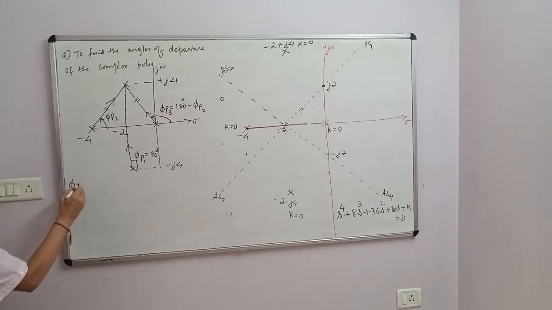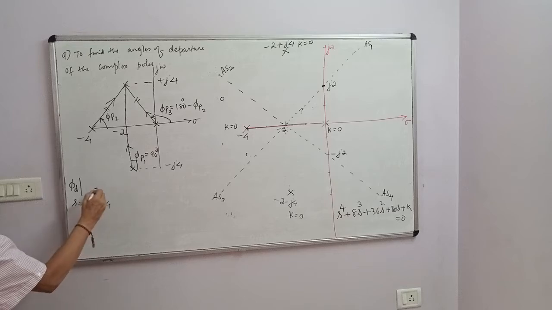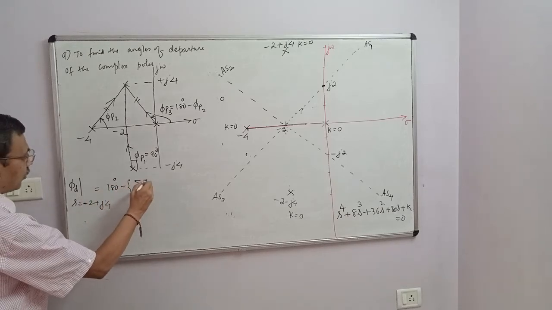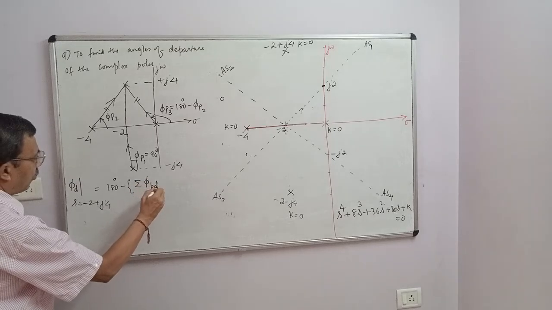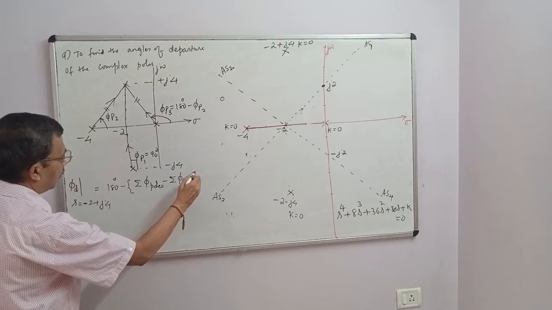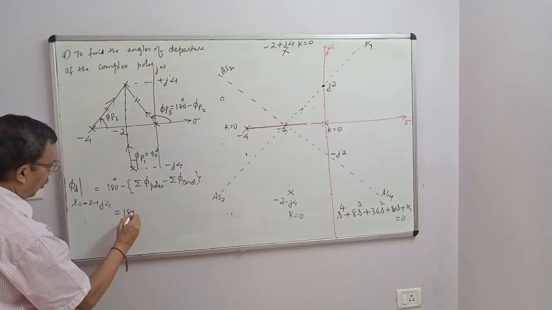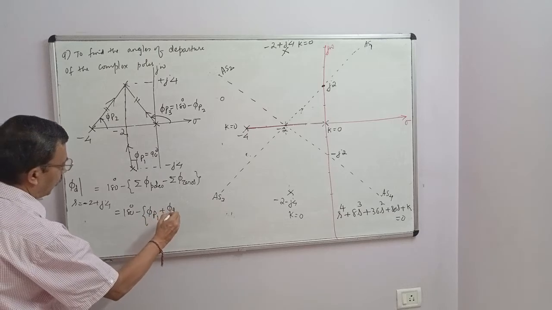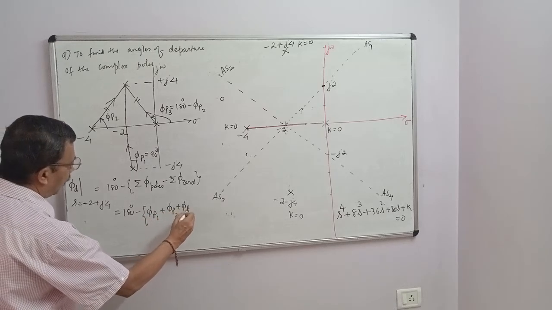Angle of departure of the pole at s is equal to minus 2 plus j4 is equal to 180 degrees minus sigma angle made by poles minus sigma angle made by zeros, which is 180 degrees minus phi p1 plus phi p2 plus phi p3.